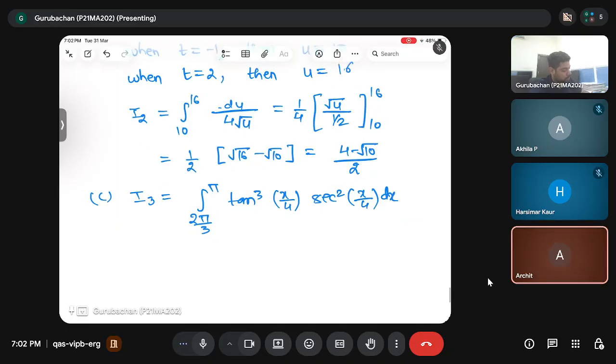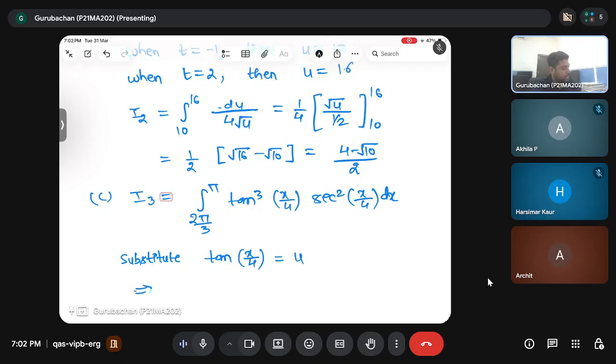No, sir. Okay, then substitute tan x by 4 is equal to u. Then you will get 1 by 4 secant square x by 4 dx is equal to du.